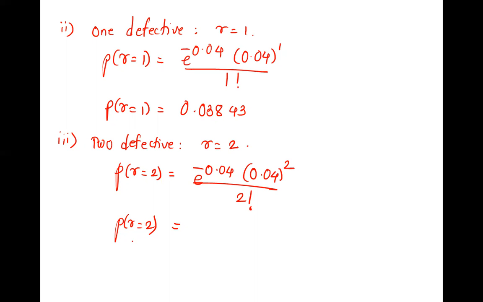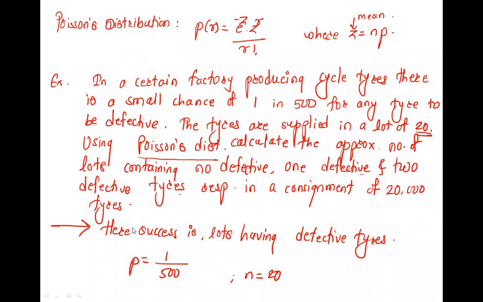What is the answer? 7.6863 into 10 raised to minus 4. Correct.